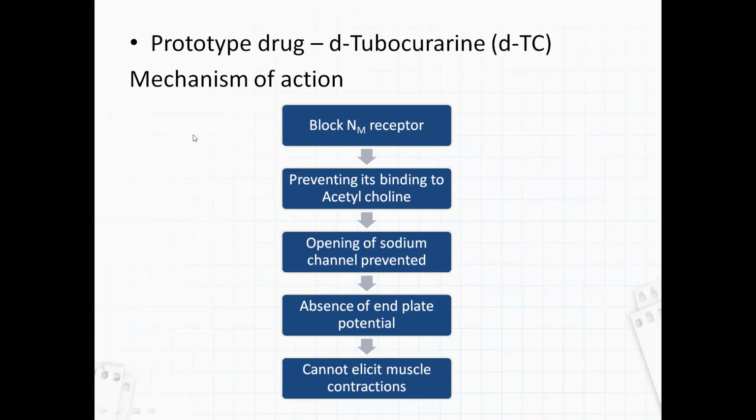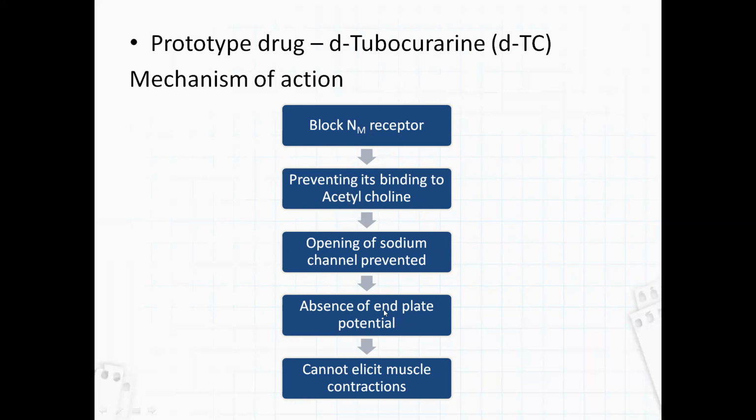How is it acting? The mechanism of action is that they block the neuromuscular receptor, due to which there is no binding of acetylcholine to the neuromuscular receptor. Earlier we saw in the diagram that acetylcholine should attach to the neuromuscular receptor to open the sodium channel, and through the sodium channel the end plate potential is produced. But here it is being prevented.